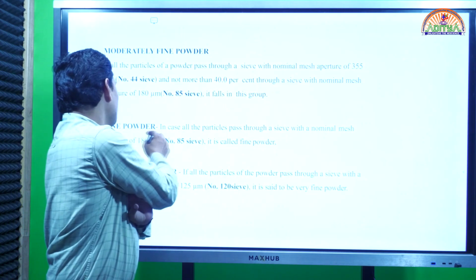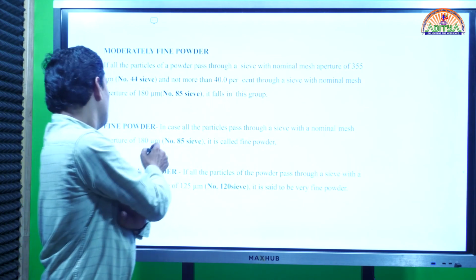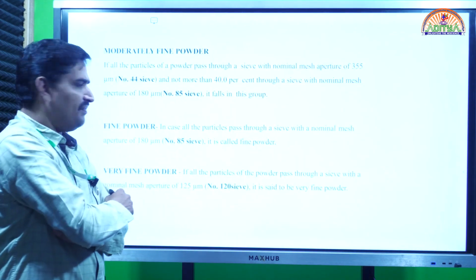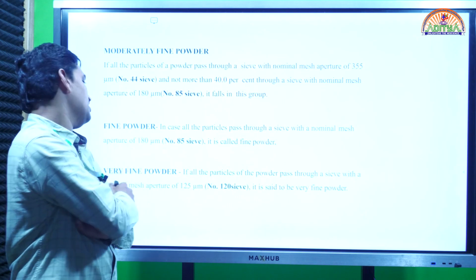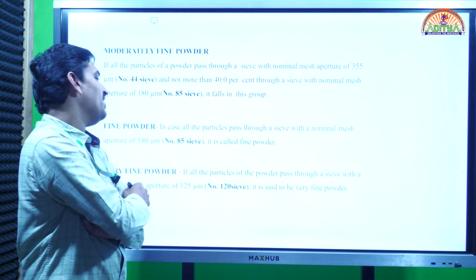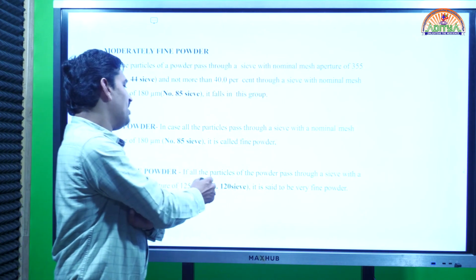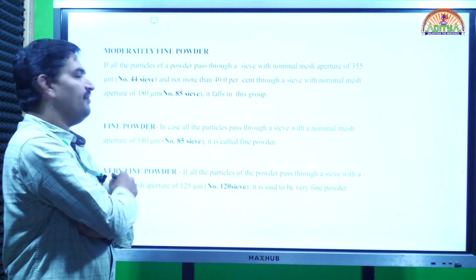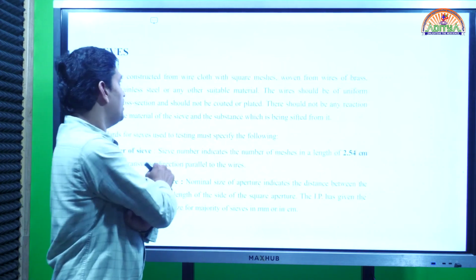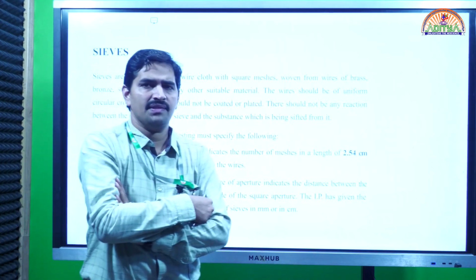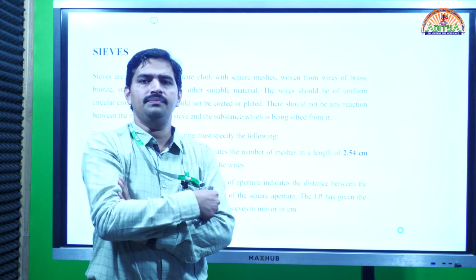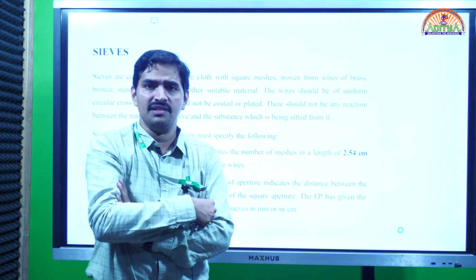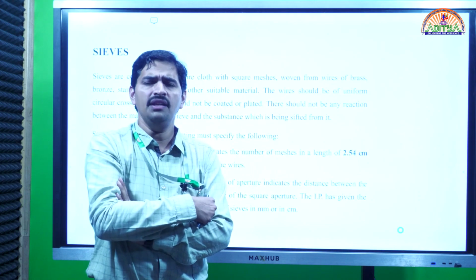As well as fine powders: the particles which can pass through sieve number 85 are called fine powders. Coming to the next one, very fine powders. The powders which can pass through sieve number 120 are called very fine powders. In such a way, based upon their particle size, the Indian Pharmacopoeia differentiates the various sizes of the particles.